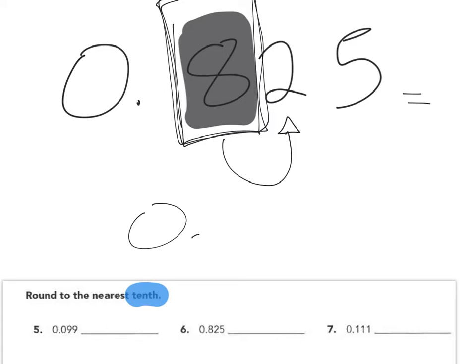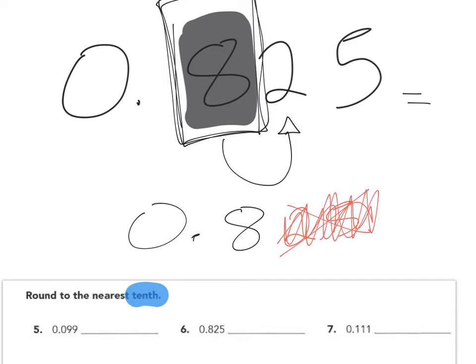So my final answer is going to be 0.8, and that is it. If you happen to have written down a 2, 5, make sure to cross that off. Find some way of reminding yourself that it does not go there. But again, whatever comes before it does in fact remain.